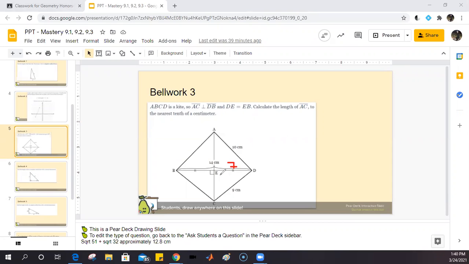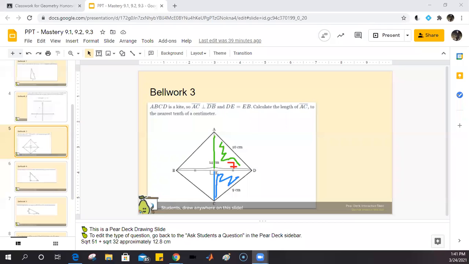So we can use that to find, let's get some new colors going on here, this side of the blue triangle, and this side here of my green triangle, and then we would know the total length from A to C.